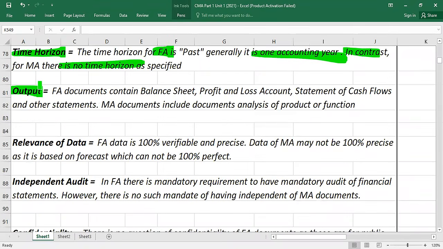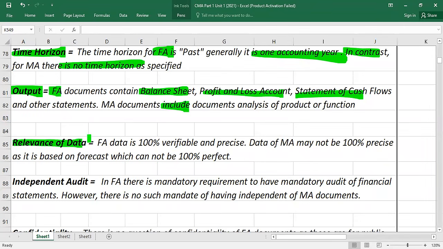Output. Under financial accounting, we produce financial statements, which include the profit and loss account, statement of cash flows, etc. But for management accounting, we include different reports, maybe variance, budgeting, product analysis reports, forecasting.